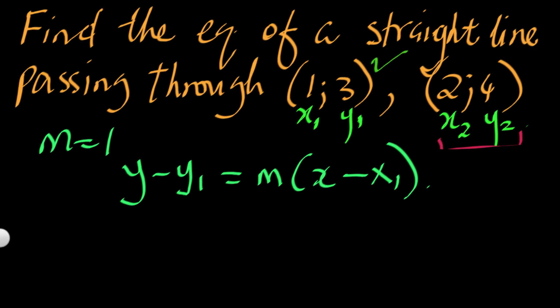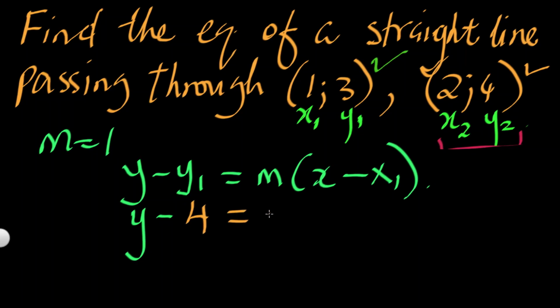Let's do that. So we have y here. Y minus, I want to use a different pen for my substitution. I want to use point number 2. You can use any. You can use point number 1 or you can use point number 2. I want to use point number 2 in this case. So y1 is the y value at point number 2, which is 4.